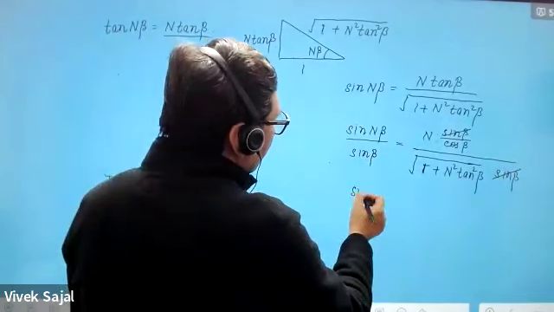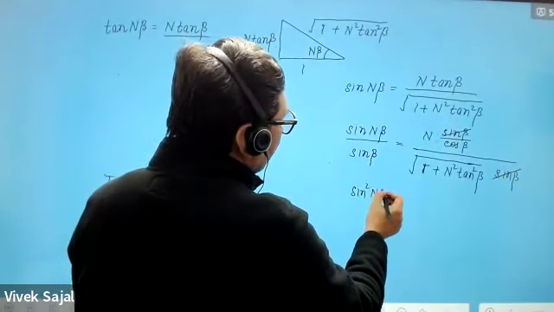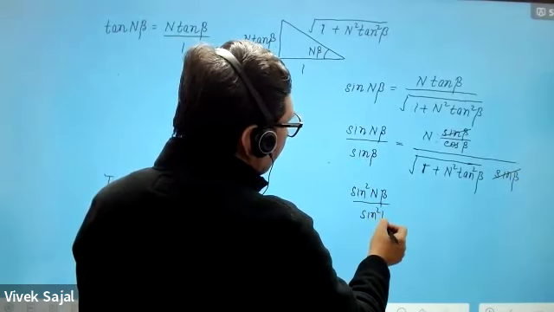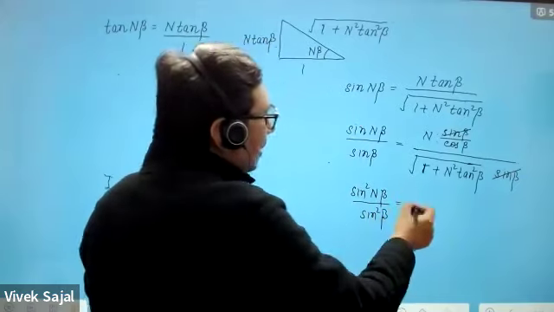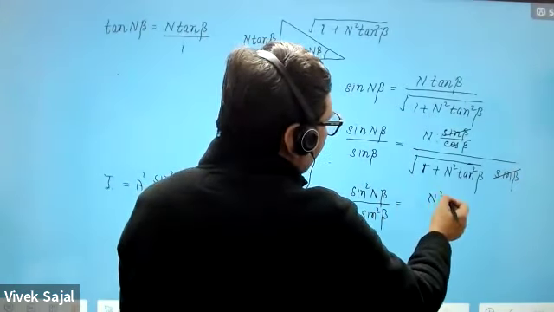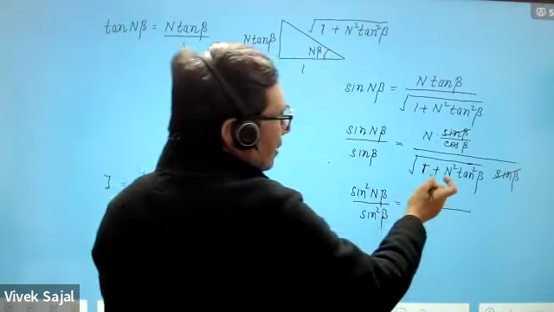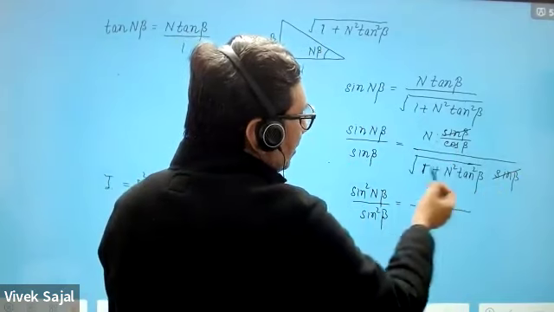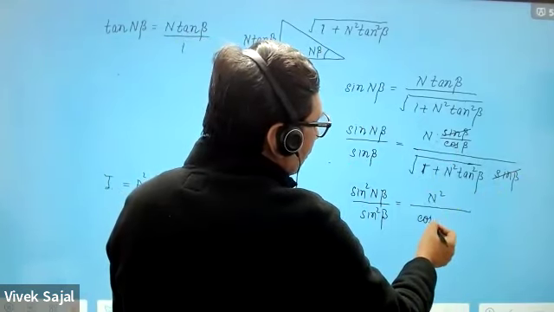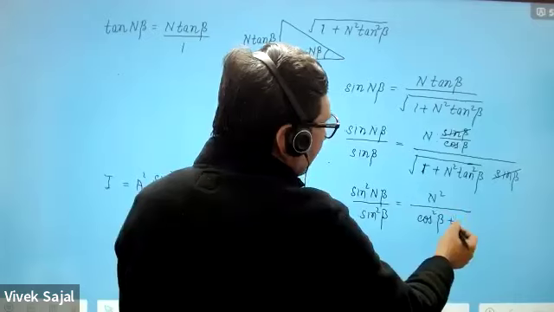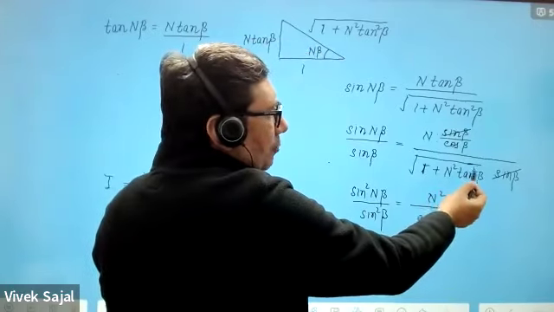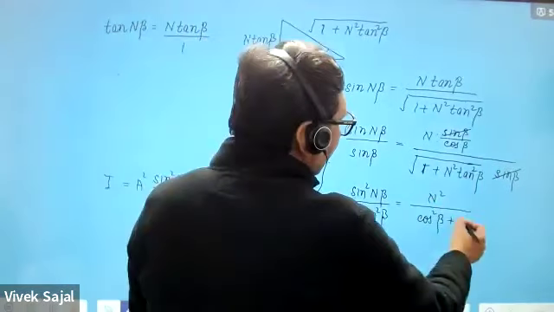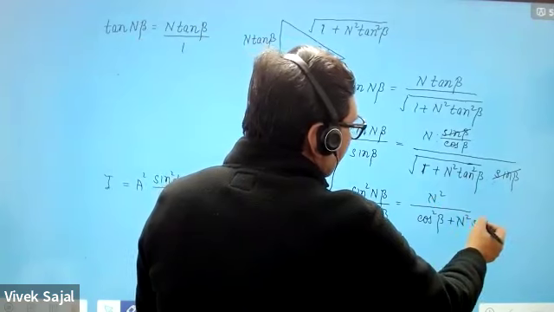So this will be sine squared n beta divided by sine squared beta. So it will be n squared. Make the square, this square root will be gone. Cos beta will be in the denominator. So this will be cos squared beta plus n squared tan squared beta into cos squared beta. Cos squared beta will cancel out, and this will be n squared sin squared beta.